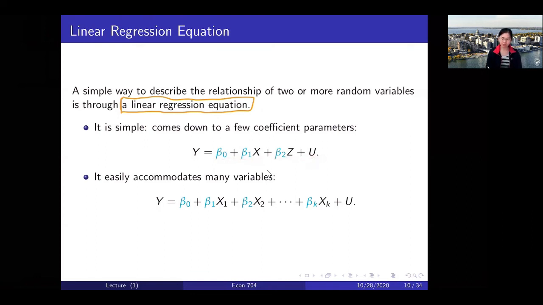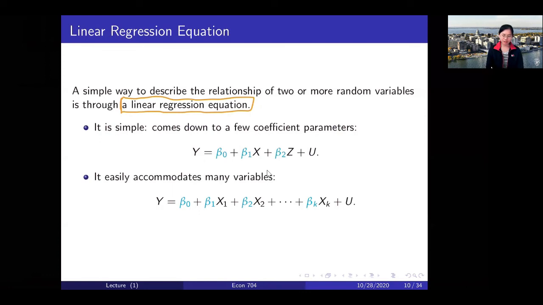I'm going to explain these notations later on in more detail, but just to give you a first impression, that would be what a linear regression equation looks like, when you have one dependent variable and 2 variables that are called the explanatory variables.